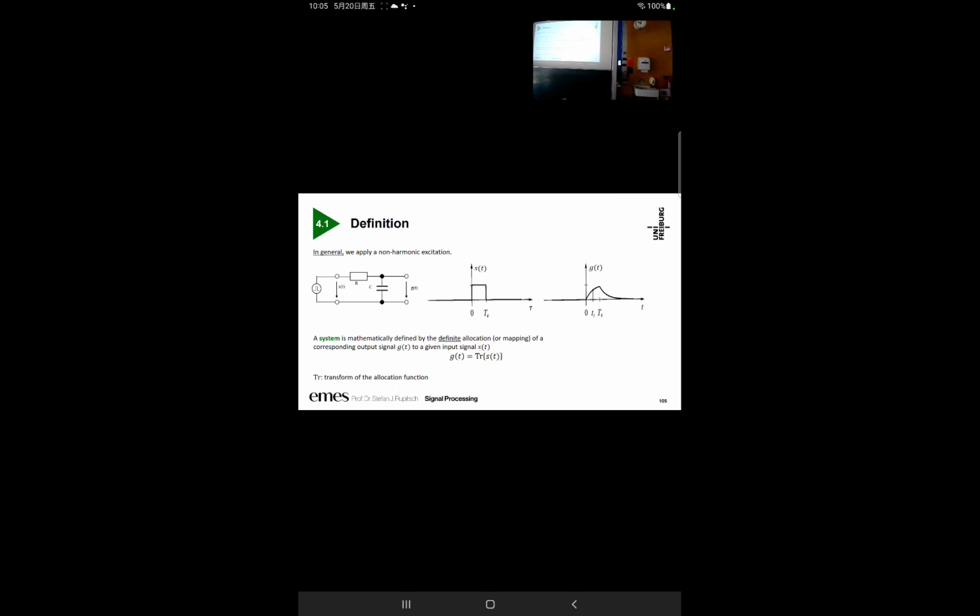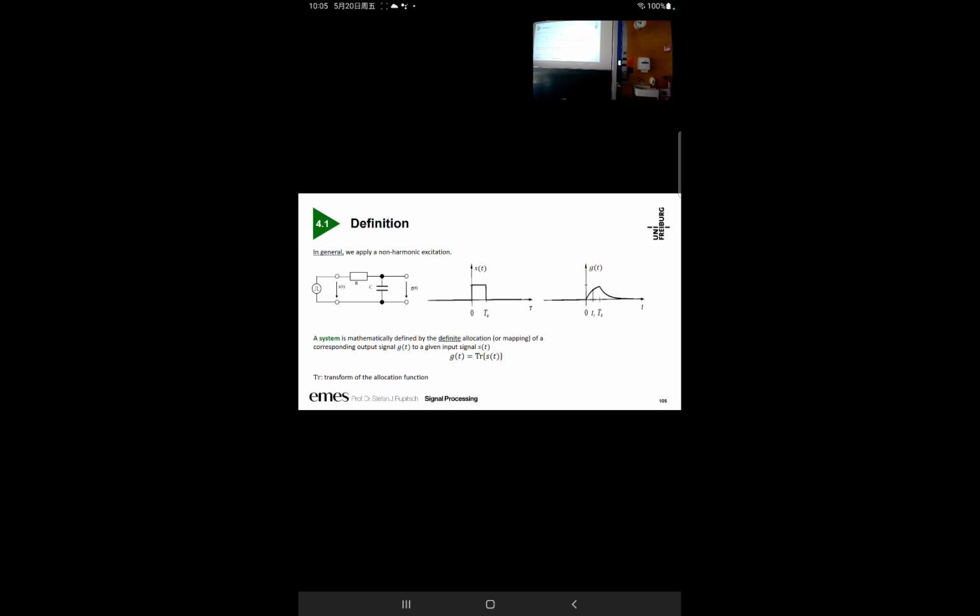Then we defined this linear time invariant system, and in order to define it from the mathematical point of view, we introduced the so-called allocation function. Allocation function sounds a little bit strange and complicated, but it's really simple. It's only the transform of the input to the output. In other words, it's the system response.